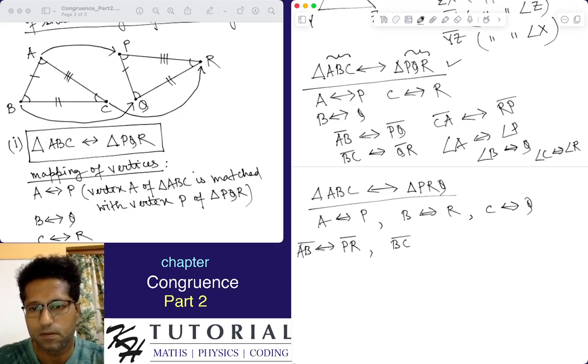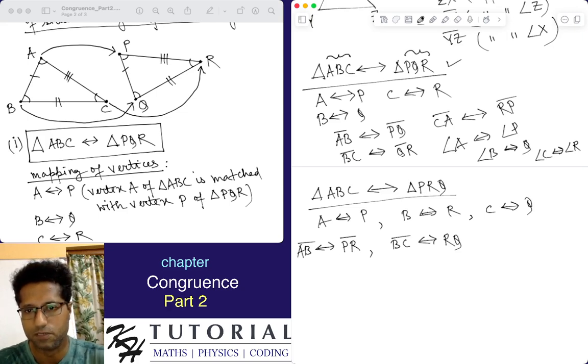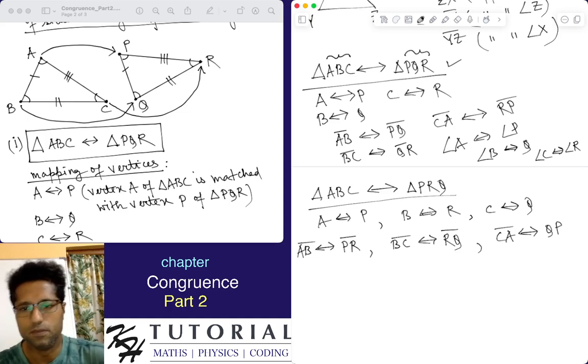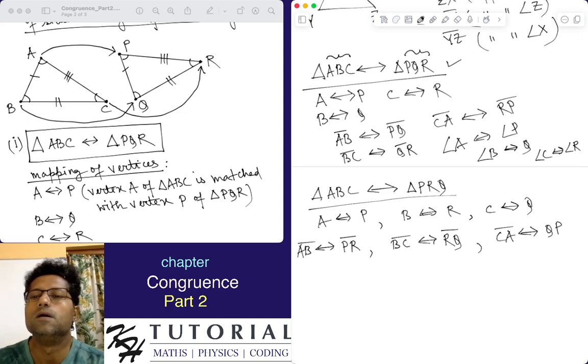BC will be mapped to RQ, which is similar to the previous one, where BC was mapped to QR. RQ and QR are the same, and CA is mapped to QP. So you can understand, if I just change the ordering of the letters in any triangle, then the whole mapping and correspondence gets changed.